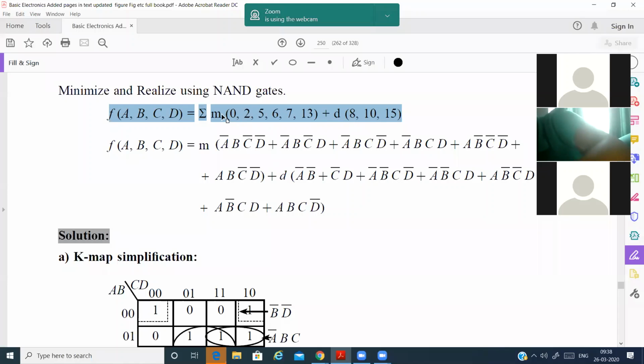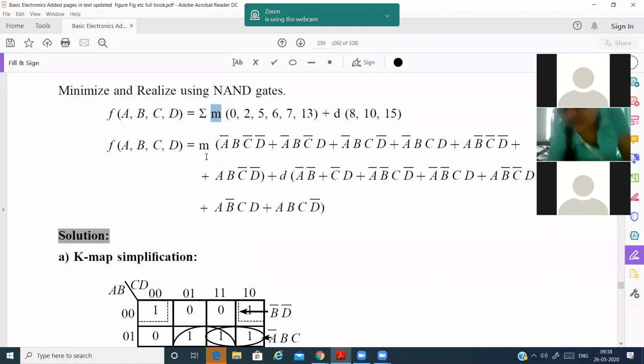Here m indicates the minterm sequences we are having, just to represent the values we will be utilizing.